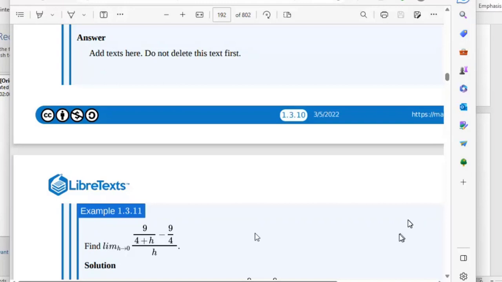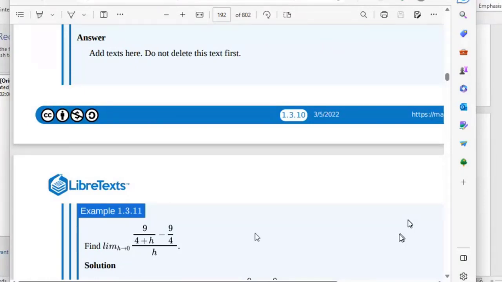And then I got 36 minus 36 plus h over 36 plus h, and then I multiply by 1 over h.